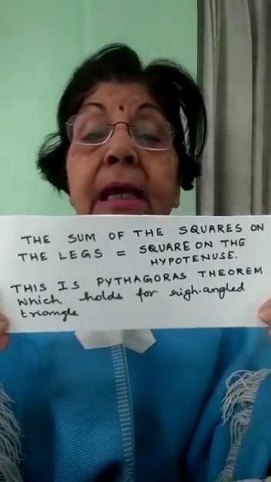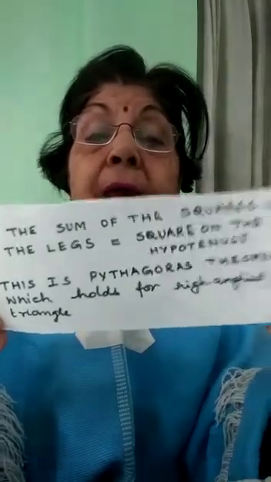Now let us see what we've studied today. We have studied that in a right-angled triangle, the sides which form the right angle are shorter than the side which is opposite to the right angle.